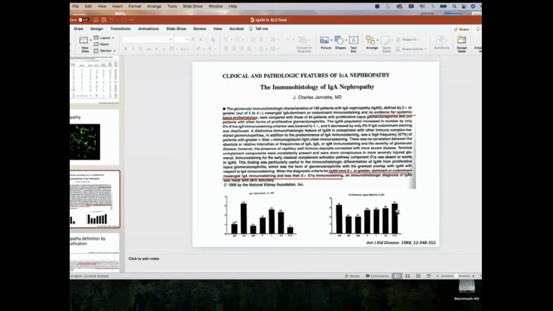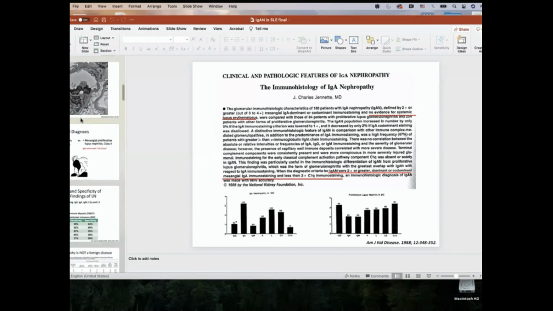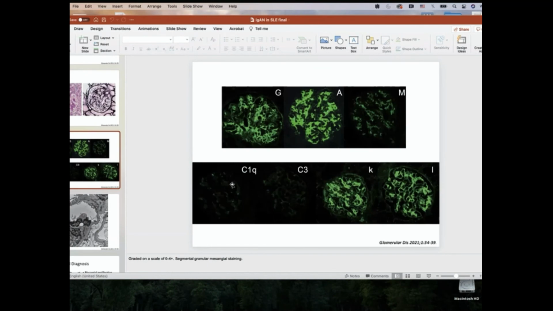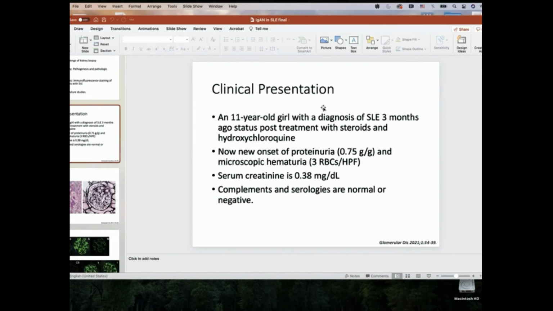So C1q alone, even in patients with classic clinical lupus versus non-lupus patients with IgA nephropathy, is too risky to be used as a diagnostic ancillary marker to feel confident to call it. In this case report, this dim C1q can be seen in patients who are treated, especially recently treated. This patient was treated for only 3 months.